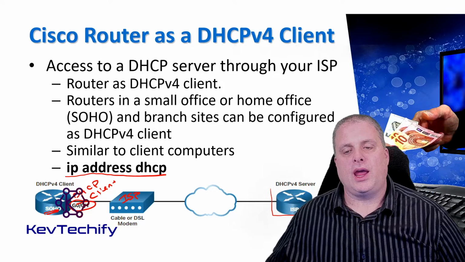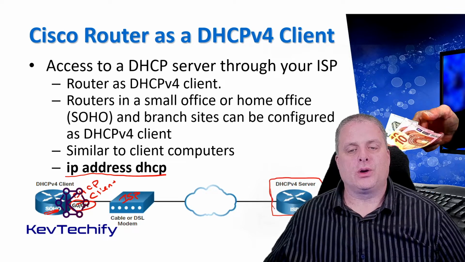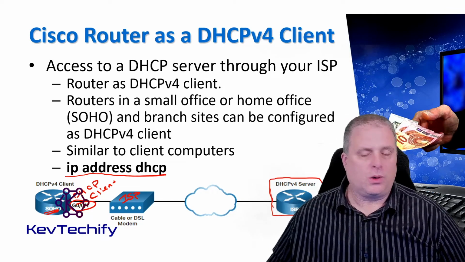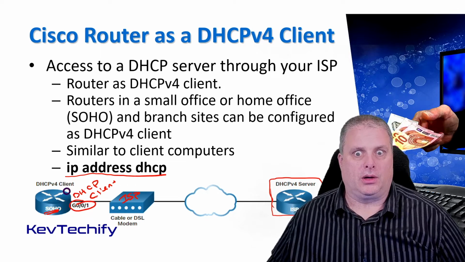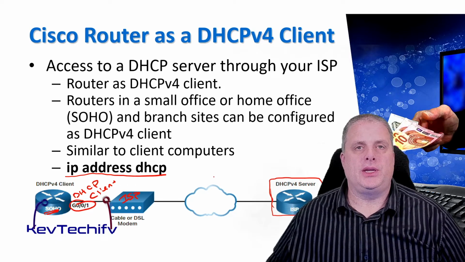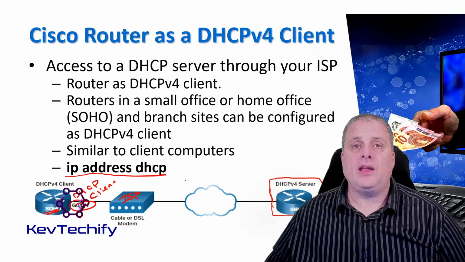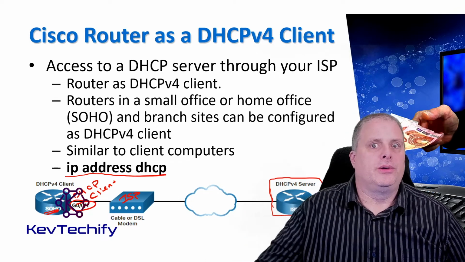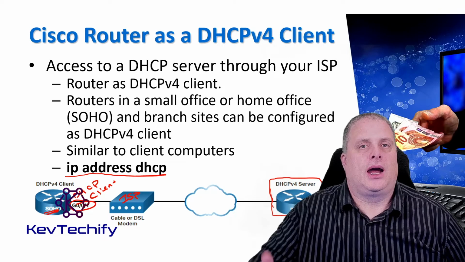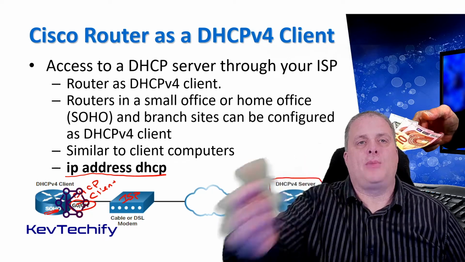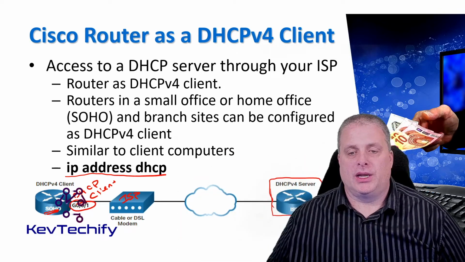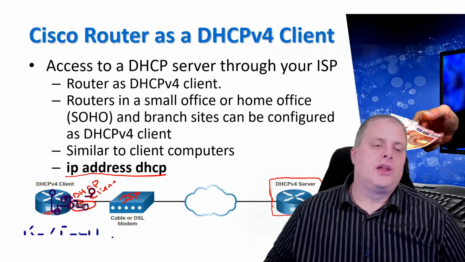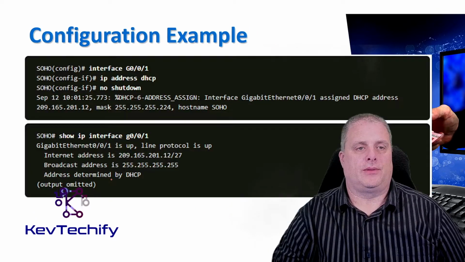This is why you have to set your client, which is a SOHO router, or maybe it's a normal router in today's world. Some of these ISPs provide big bandwidth to medium to even sometimes large companies through a DHCP server on their network to give you that IP address so you can access that ISP. So they'll set up their own DHCP server. You'll have to pull your IP address to do that.